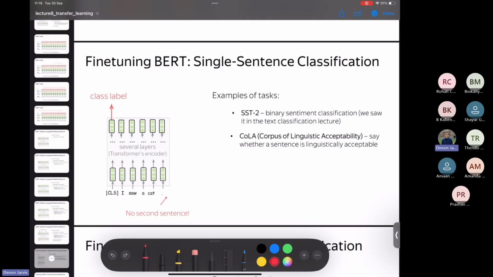All right, for example, you can do binary sentiment classification, right? You can do the CoLA task. So say whether or not a sentence is linguistically acceptable in its own right. And again, the reason you can do these classification tasks is because you have a way of taking in a representation and you have a way of labeling it off that class label, right? You then just have to do a little label off of that token there.